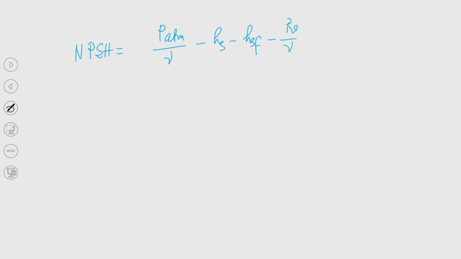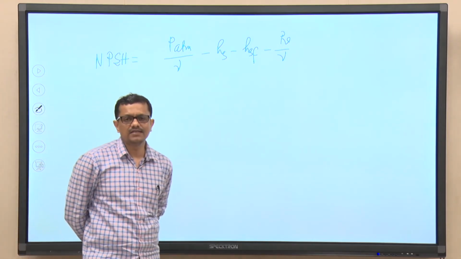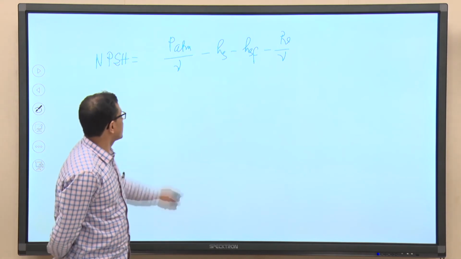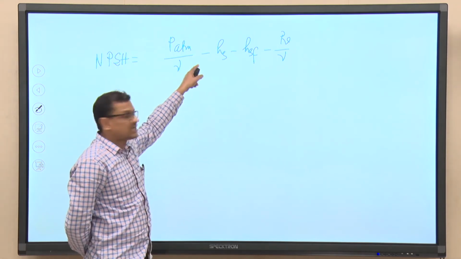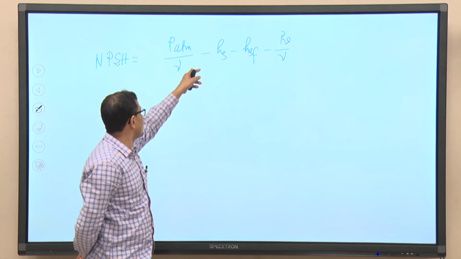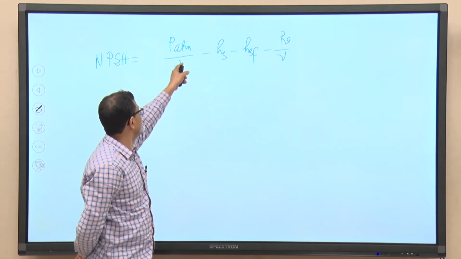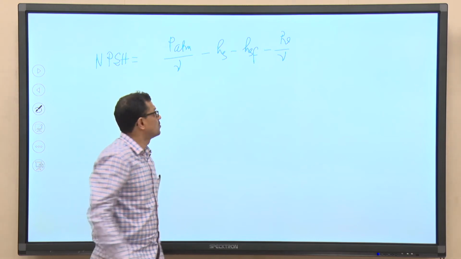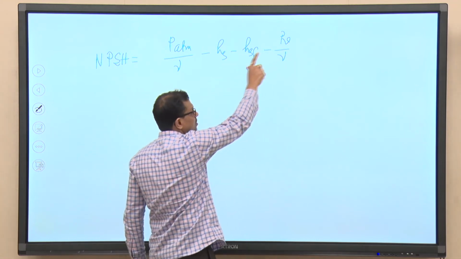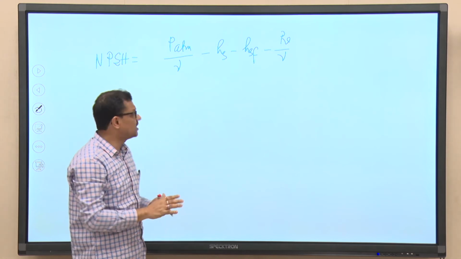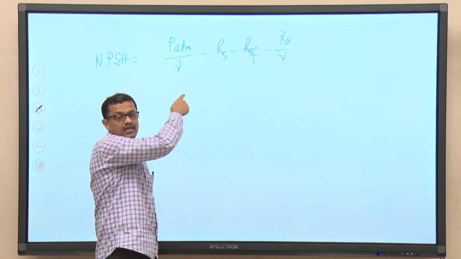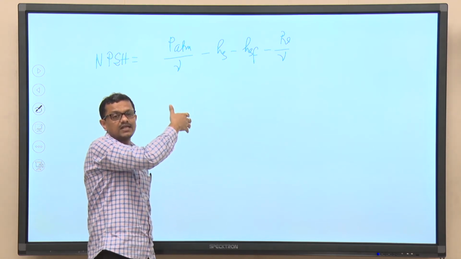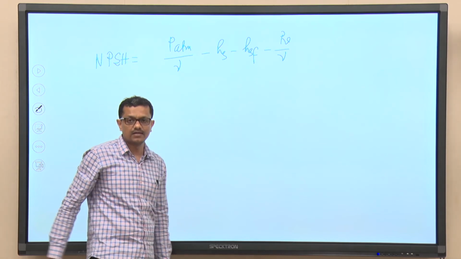This is what we have discussed. Now, you can see this is basically head, NPSH, net positive suction head. If you look at every term in this expression, all will represent the dimension of a head, right. So, this is head, this is also head, this is also head, and the first one is also head. So, basically all terms in this expression carry the unit of head, right.